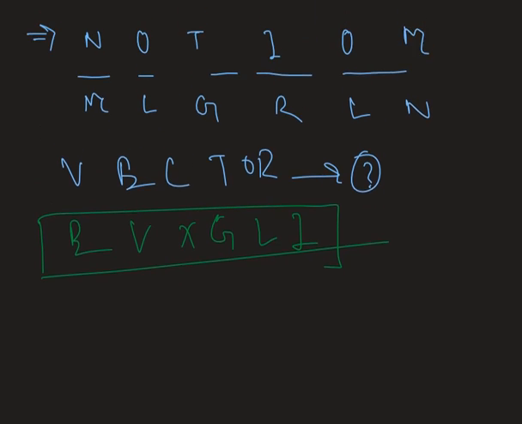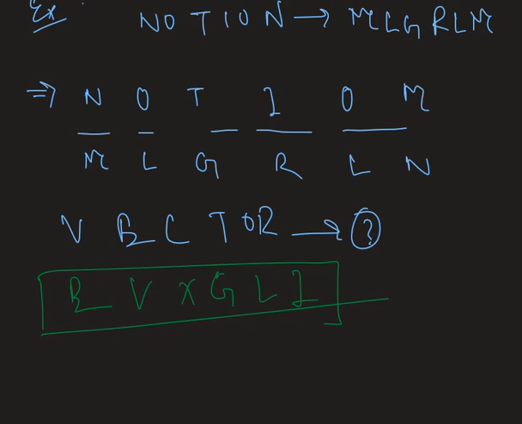Or we can also find it in this way. If we give numbers to each of these alphabets, suppose for N we give 14, then 15, 20, 9, 15 and 14. As I told you before, a letter and its opposite letter have positions that sum up to 27.